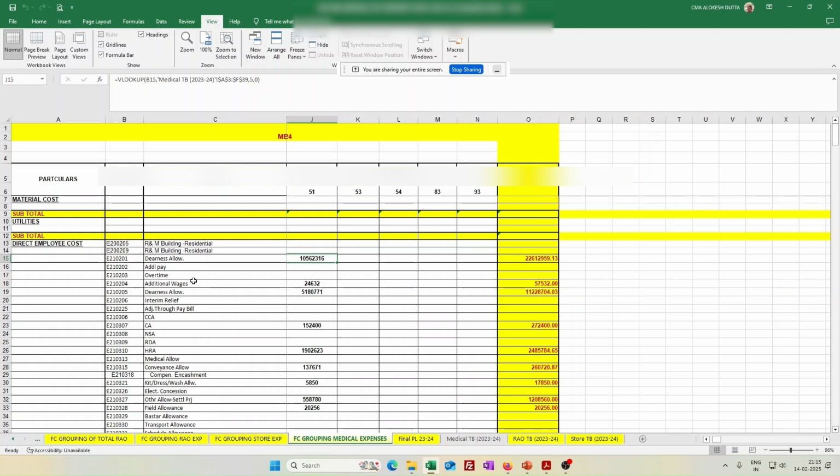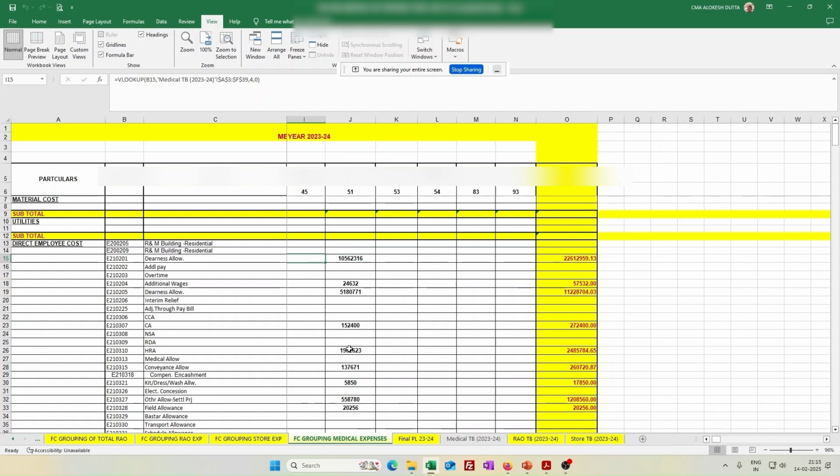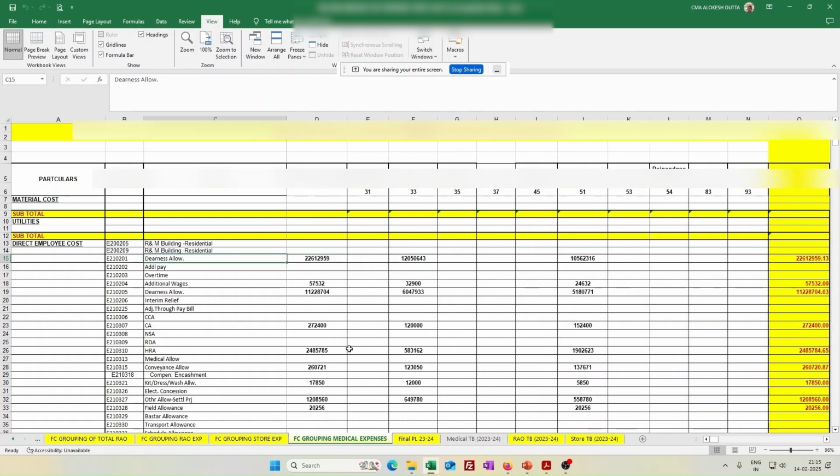Dearness allowance, you see the code E210201. This is dearness allowance under, sorry, under 33.